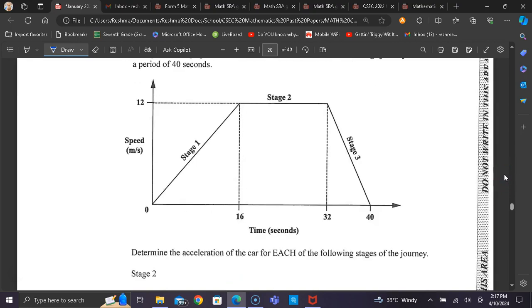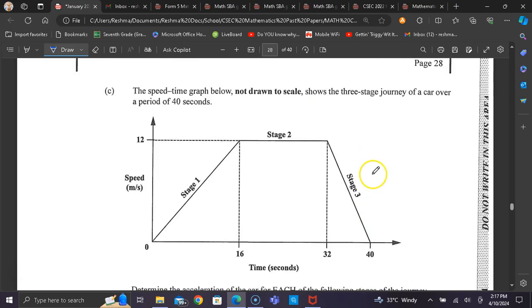Okay, let's look at stage 3. In this part of the journey, we see that the speed is decreasing. So the car is actually what we call decelerating. Let's write down the coordinates of this point.